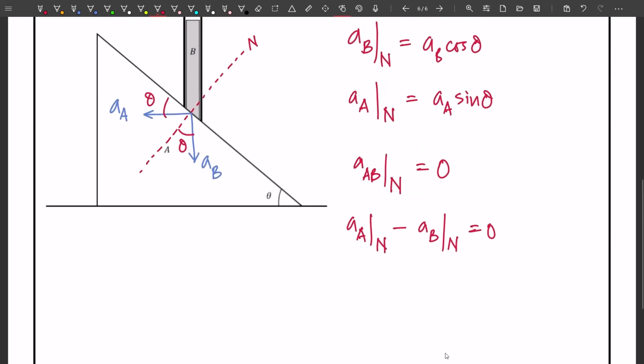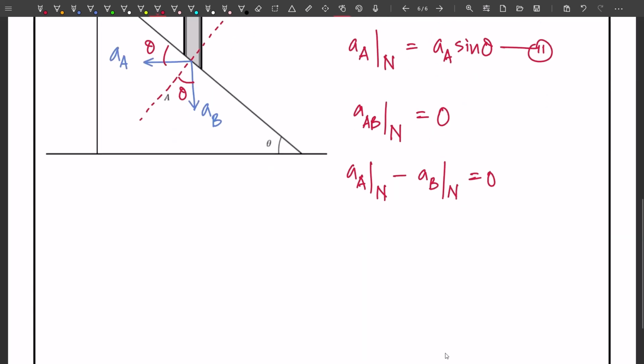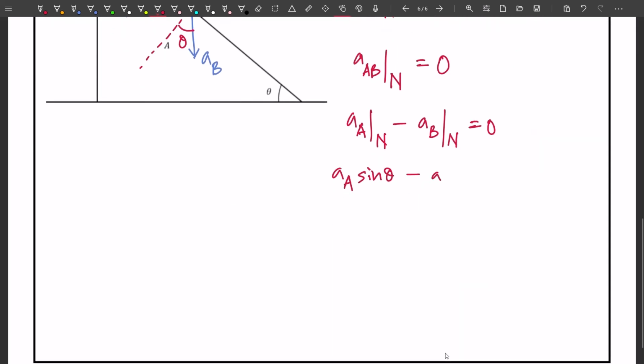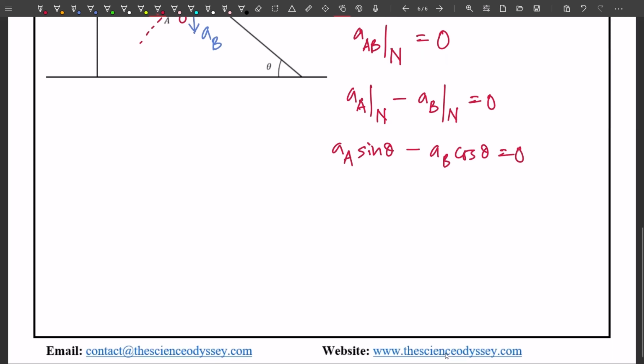From here we can write acceleration of A along the normal is AA sin theta, and acceleration of B along the normal is AB cos theta, and this is equal to 0. So from here we can write AB is equal to AA tan theta, right?